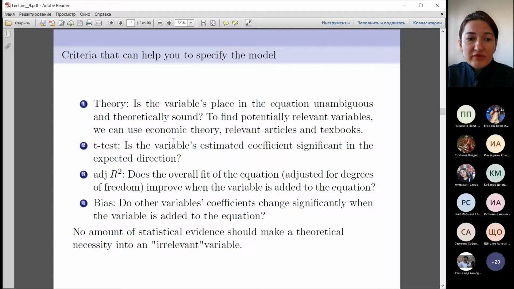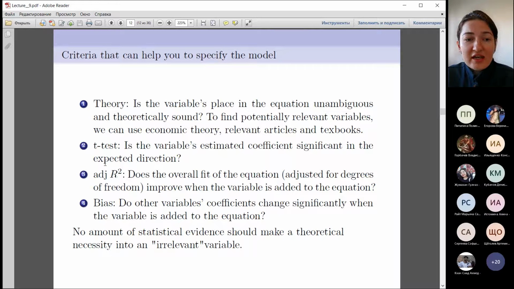First of all, before you run any regression analysis, you should make some hypothesis about the significance and the direction, the signs, of the coefficients that you will obtain after you run the regressions. And then, of course, you should check if your hypothesis holds, if you obtain the same result that you assumed during the first steps of your analysis.